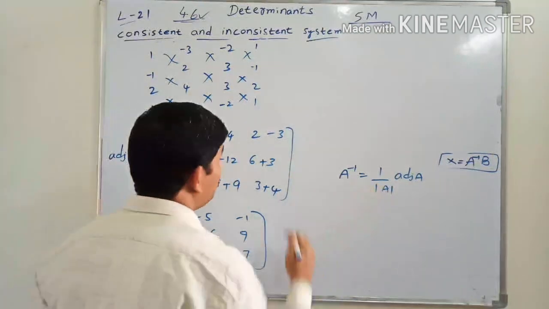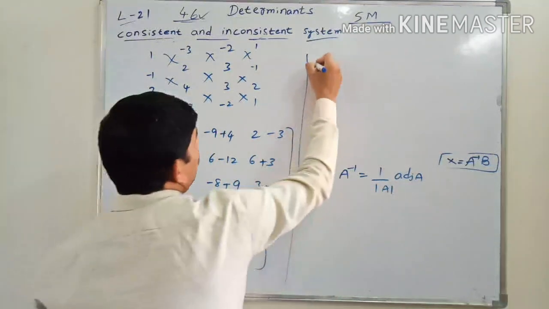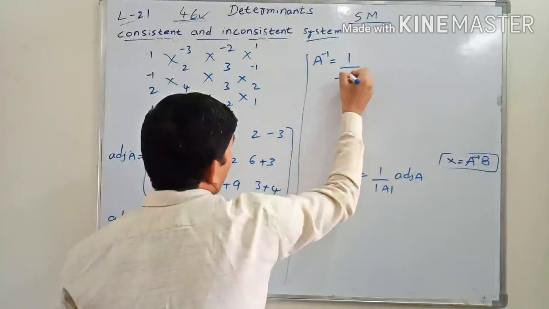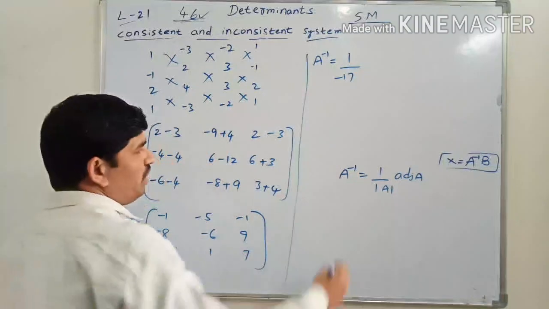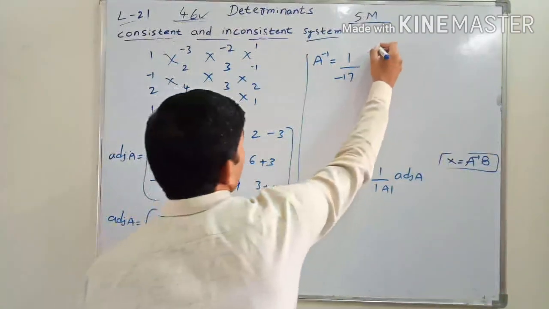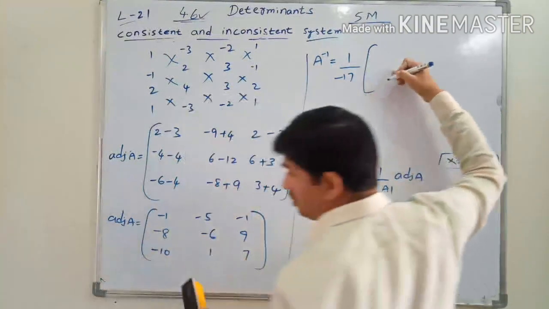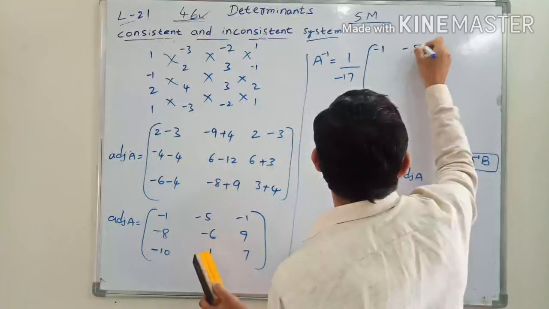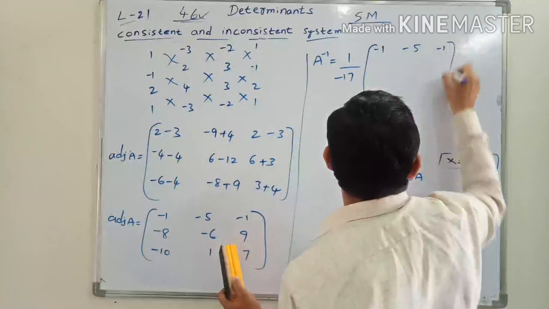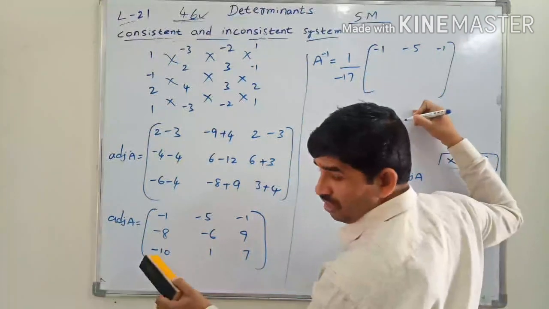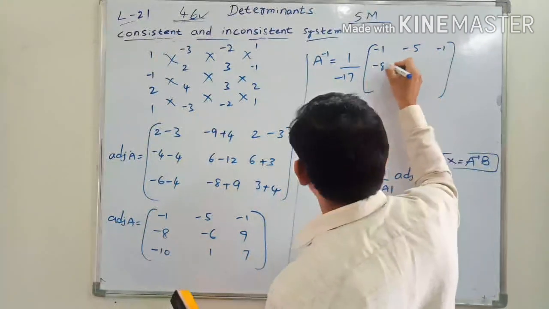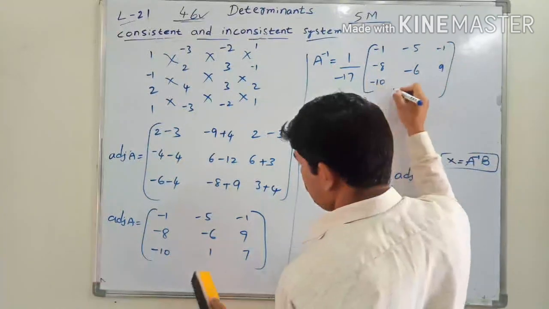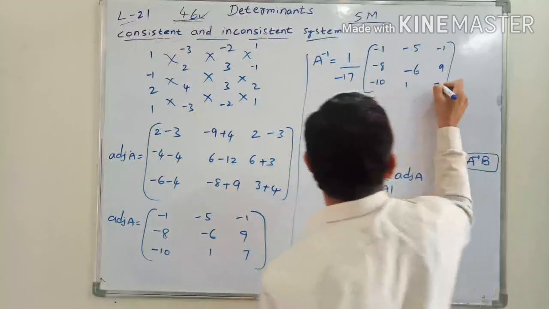Now we have to substitute in this. A inverse is equal to 1 by determinant of A, which is actually what? Minus 17. Yes or no? Minus 17 into adjoint A is this. So I will write the adjoint A, see all of you: minus 1, minus 5, minus 1, then minus 8, minus 6, 9, minus 10, 1 and 7.